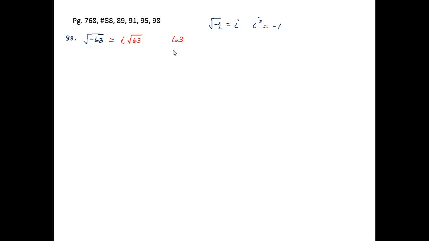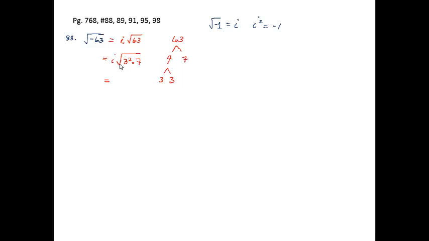Now let's simplify 63. The square root of 63. 63 is the same as saying 9 times 7, isn't it? 9 times 6 is 54. Good. 9 times 7 is 63. And 9 is the same as saying 3 times 3. So this is the same as saying i times the square root of 3 squared times 7.